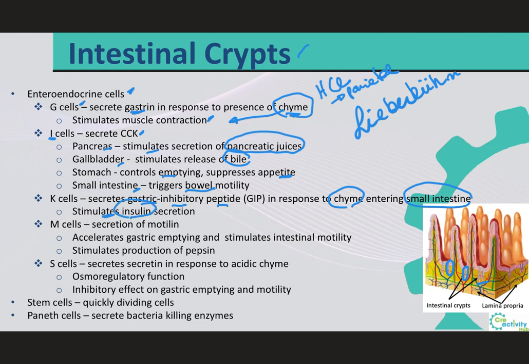Next cell, we have the M cells, which secrete the hormone motilin, which, like the name suggests, will accelerate the gastric emptying, stimulate intestinal peristalsis, and therefore this will help the food to move from your small intestine into your large intestine.